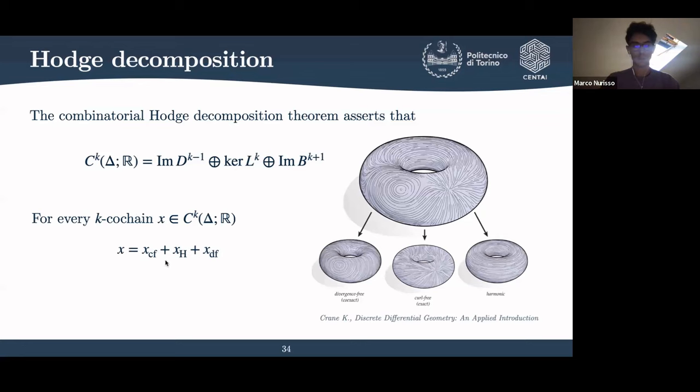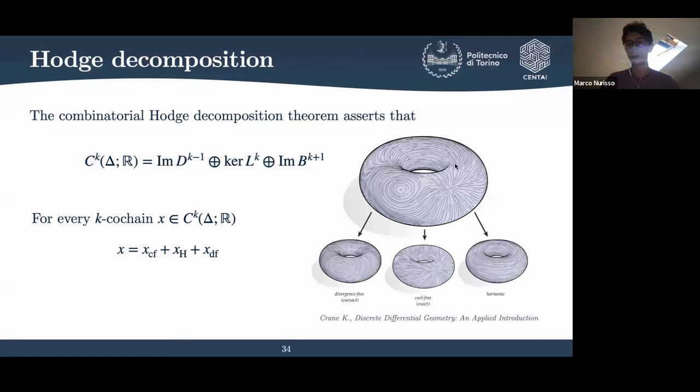And this nomenclature comes from the continuous case, because you can define the Hodge Laplacian and the Hodge decomposition even for differentiable manifolds. And if you look at vector fields, this decomposition is more well known as the Helmholtz decomposition.